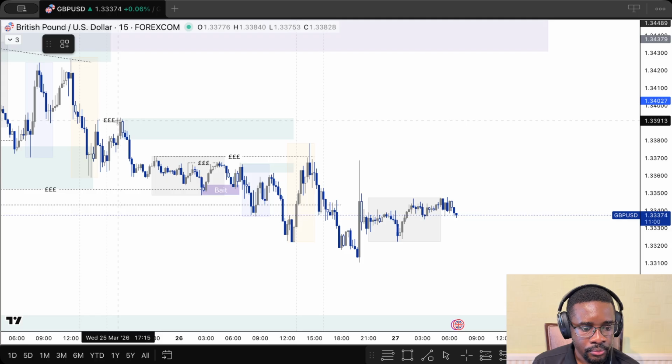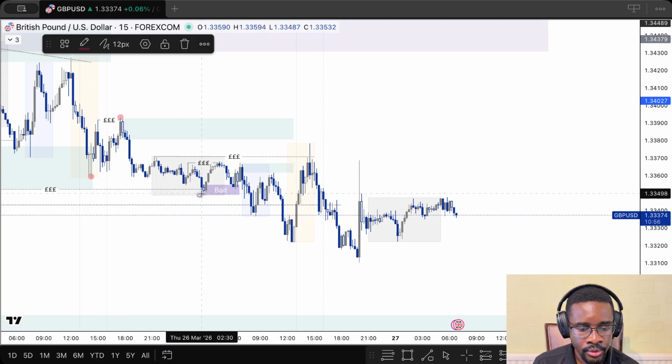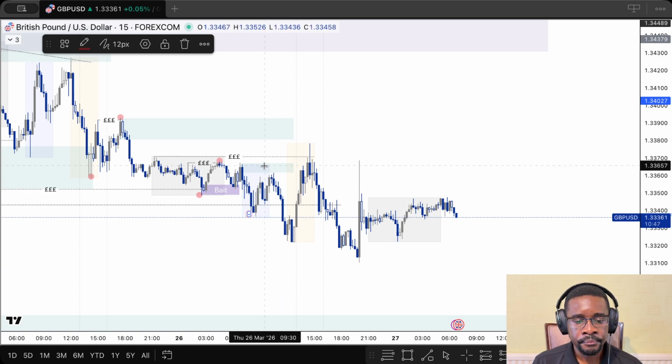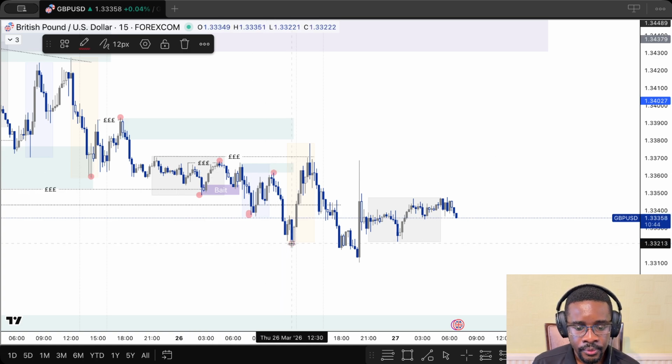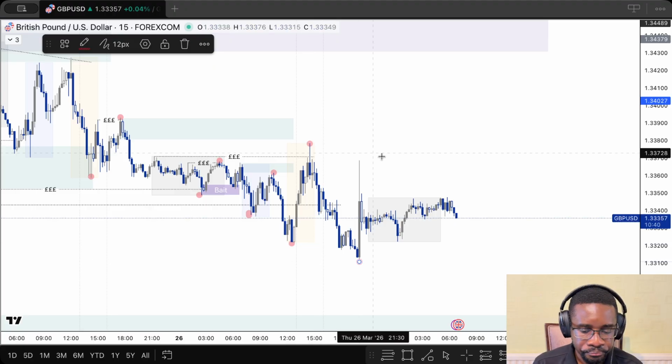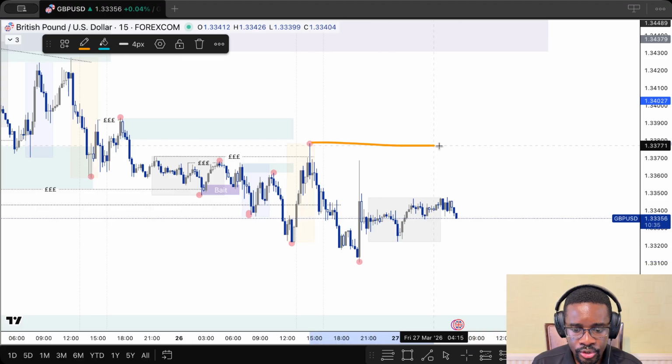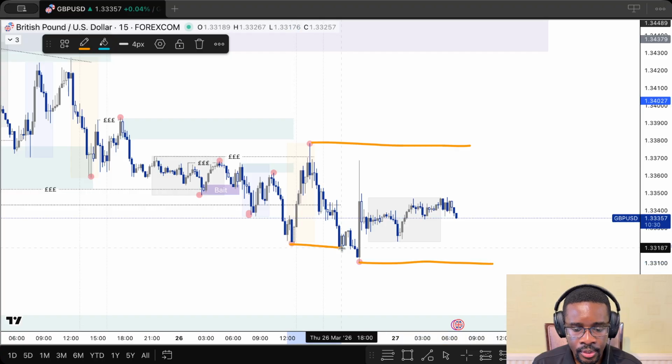Okay, so we're the low, we're the high, boom, broke structure, and then nothing happened there. Okay, price came down, all of that was trend line, and then all of that was swept, and then we're the high, and then we've come down lower. So now this is the range that price is in, okay, after this break of structure right there.